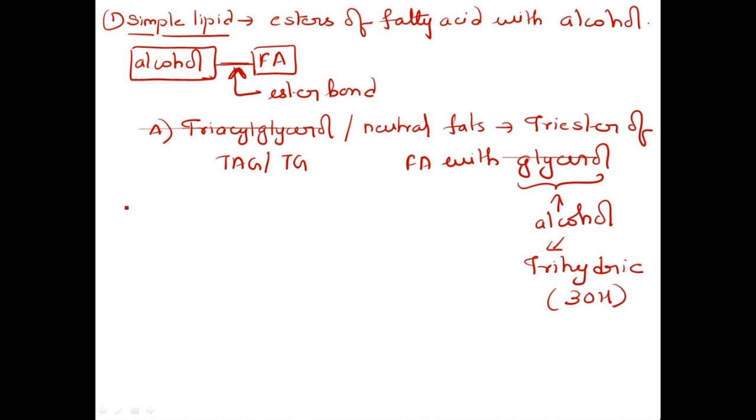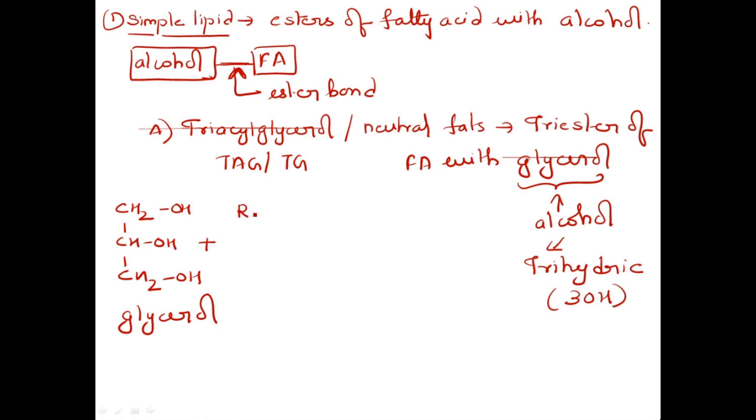So this is the structure of glycerol: CH2OH, CHOH, CH2OH. This is glycerol. It consists of 3 carbons, 1, 2 and 3, and it contains 3 OH groups. It combines with 3 fatty acids. The fatty acids can be the same type or different type.